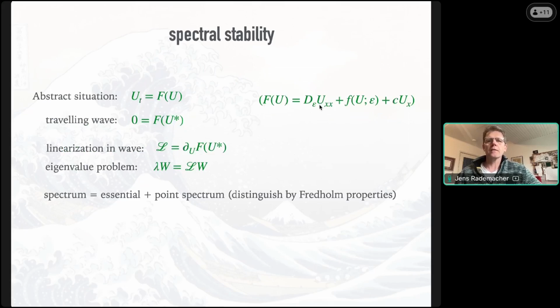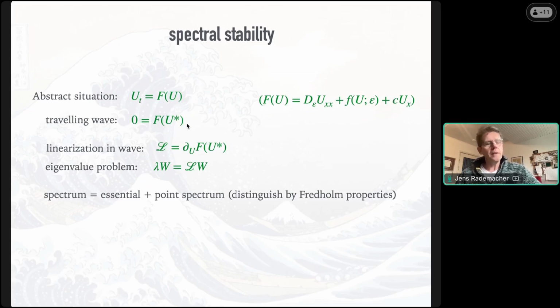So the U is now thought of as a vector, and this d epsilon is a diffusion matrix. Here we have some nonlinearity, which can be epsilon dependent, and then there's a moving frame. And in a suitable moving frame, we might find an equilibrium point, a function u star of x that solves this equation here, and that's then called a traveling wave in general. And these fronts that I was talking about are such.